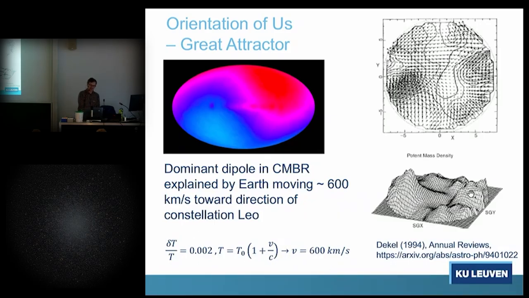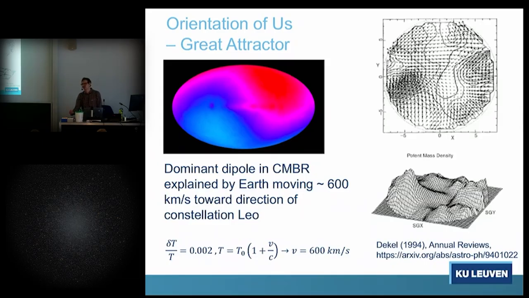Now, we typically interpret that as there being a large gravitational center, a great attractor, around that region. I should say that it's not so easy to infer that there is a big gravitational attraction sitting here and that we're moving toward this large gravitational attractor.